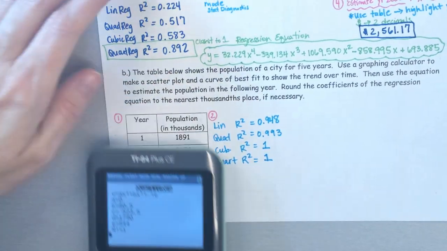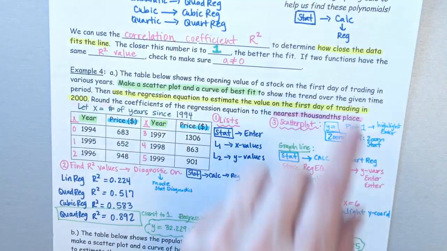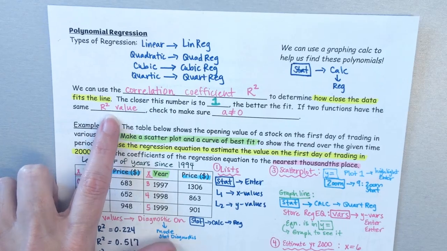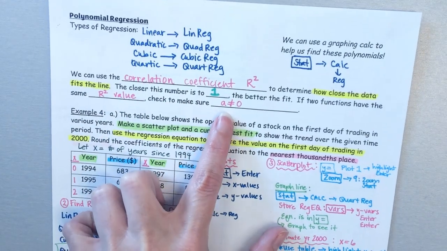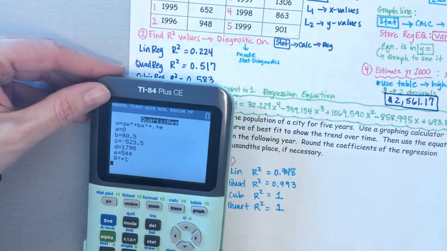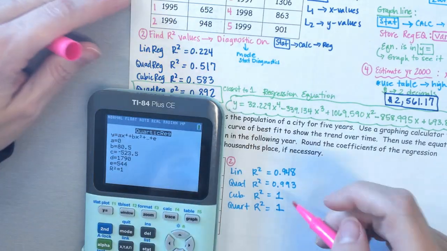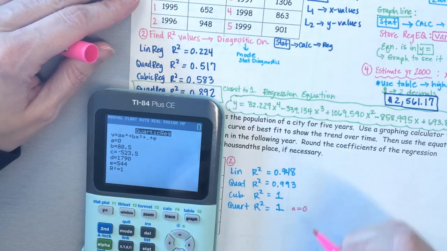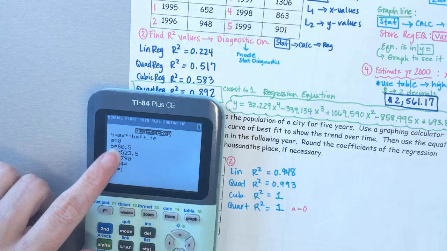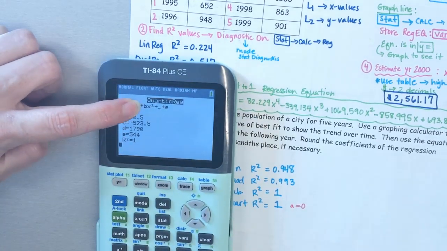So I'm going to remind you what we talked about yesterday, something that we wrote down up here. It says if two functions have the same r squared value, we have to check to make sure that a value is not 0. So I'm on the quartreg right now. What's my a value? Uh-oh. What that means is if a is 0, see how it's ax to the 4th? If you do 0 times x to the 4th, that's no longer there.